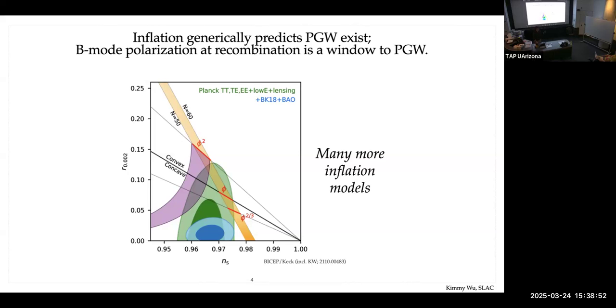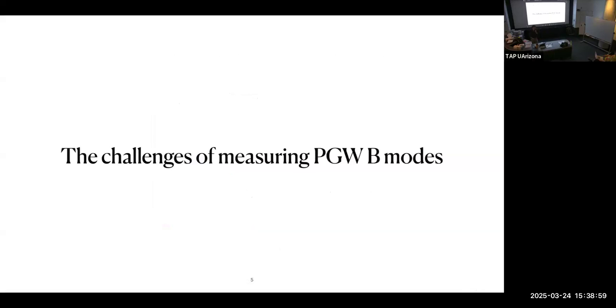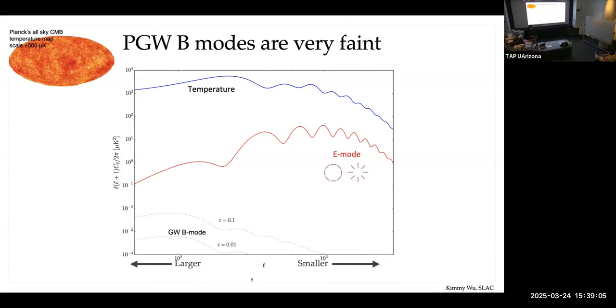All right, so that's some of the theory motivation of why we want to go after B modes in the CMB. And now let me spend a few slides to discuss the challenges of this measurement. In the CMB, we typically go with the summary statistic, which is the power spectrum of our anisotropy in temperature, E mode, and B mode polarization. Effectively, you measure your full-sky or partial-sky map, do a Fourier transform, and then for the same l modes, you bin them and put band powers on these lines.